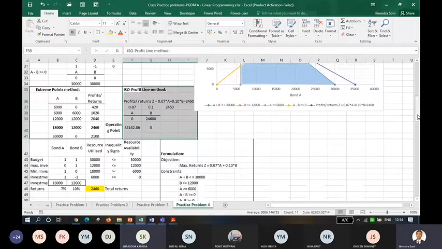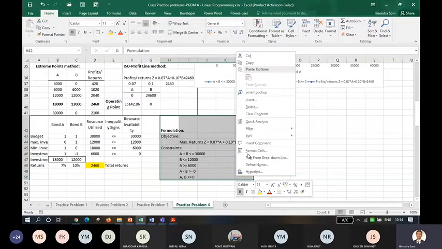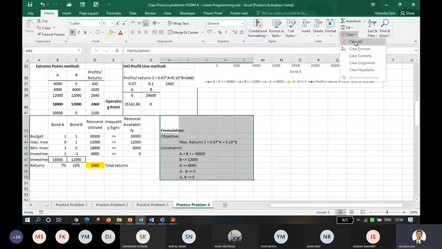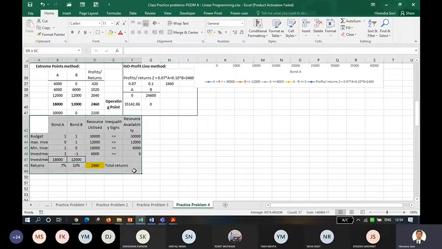Okay, good. So this is how you solve it using Solver. Is this also clear? Fine.